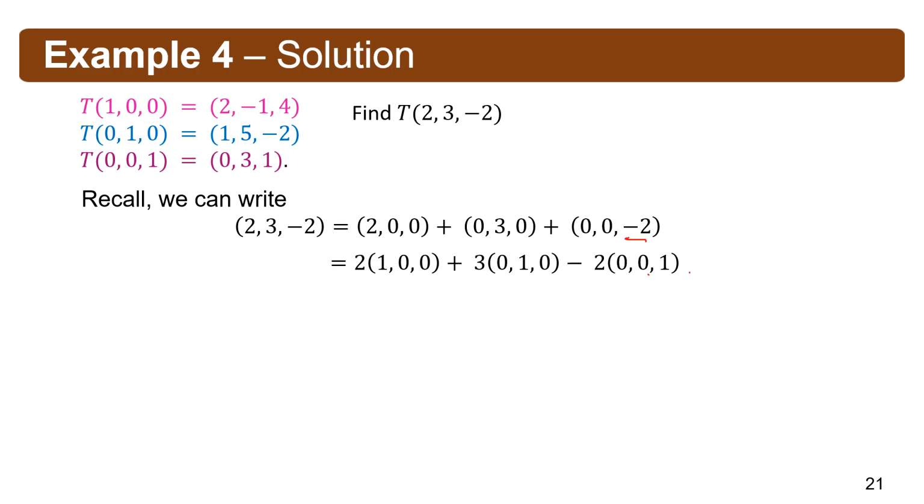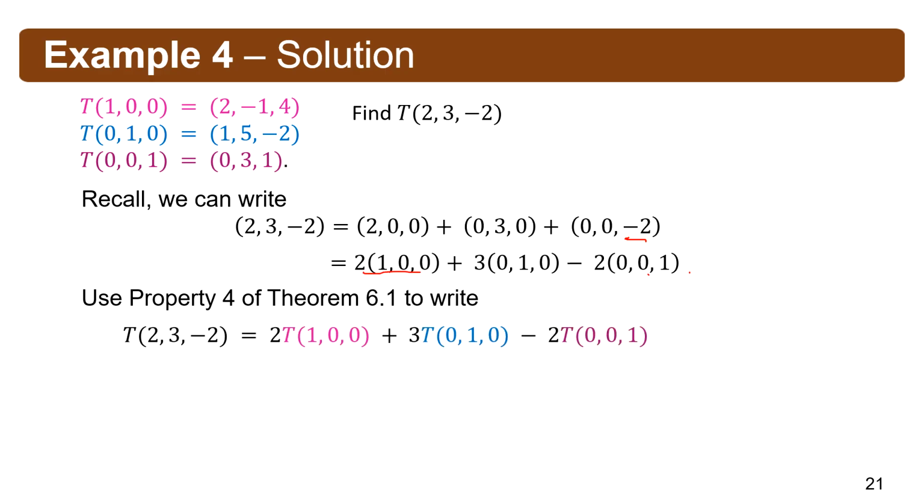And notice, according to theorem 6.1, property number 4, we can write this as 2 times T(1, 0, 0), and that is equal to (2, -1, 4). And this one, T(0, 1, 0), is equivalent to (1, 5, -2). And for the last one, it is equivalent to (0, 3, 1).